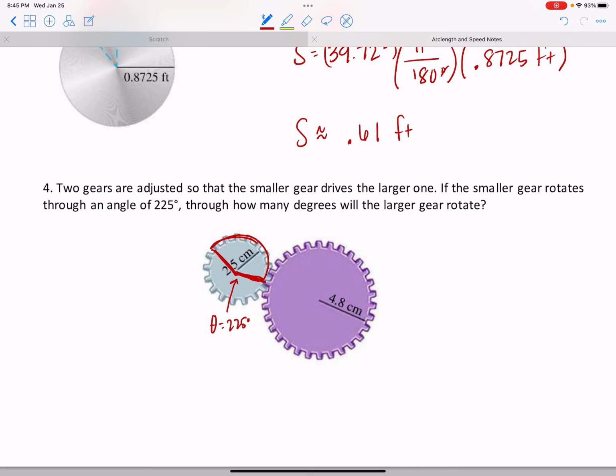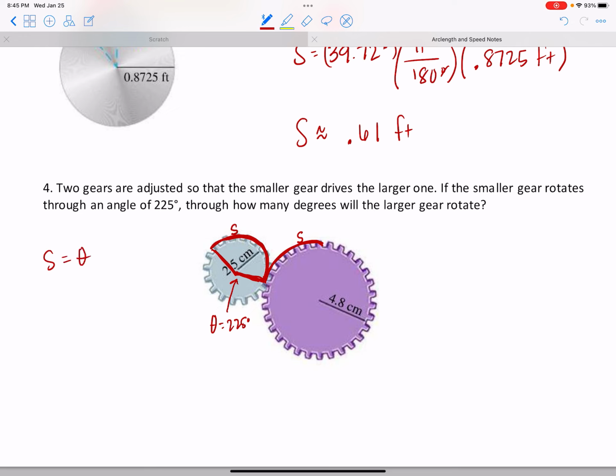How much distance am I covering along this arc if I rotate 225 degrees is something I can find, and that's what I'm going to want to find, because that same distance of rotation here is going to be the distance of rotation here. So whatever that length is here, let's call it S, it's going to be the same length happening there. So let me find it on this side first.